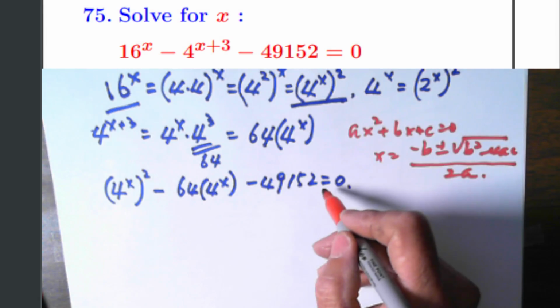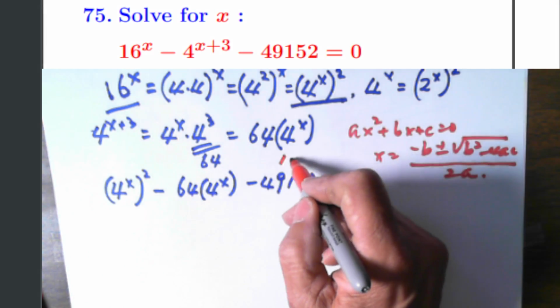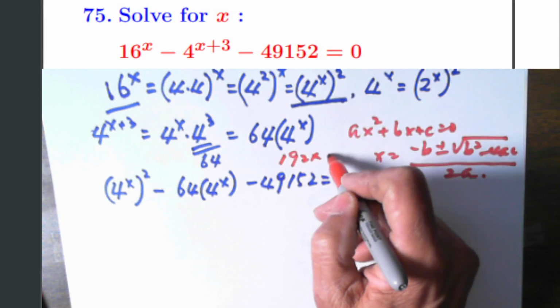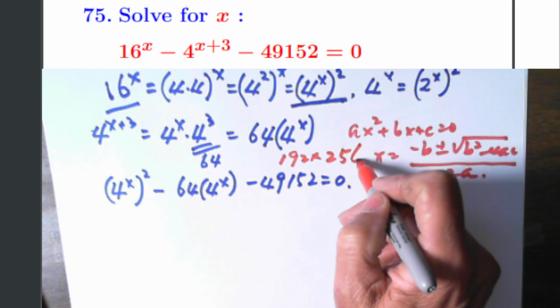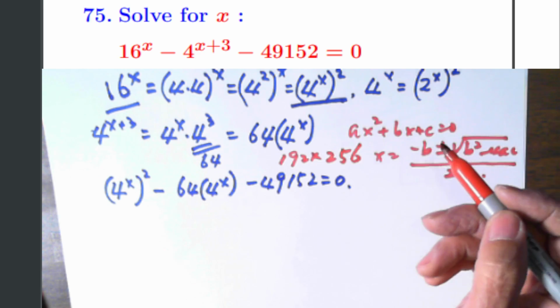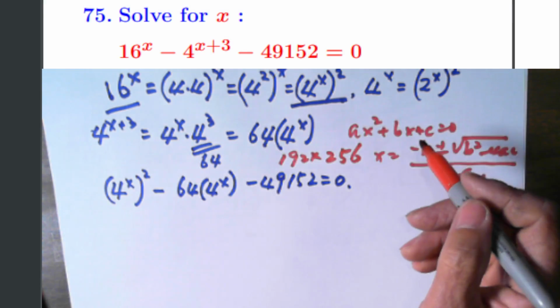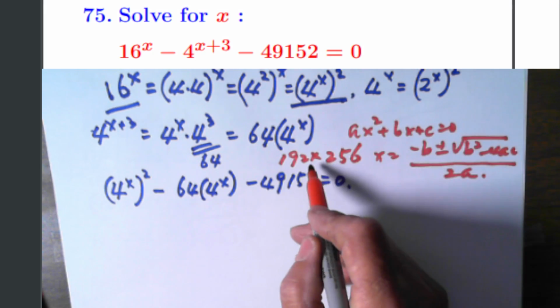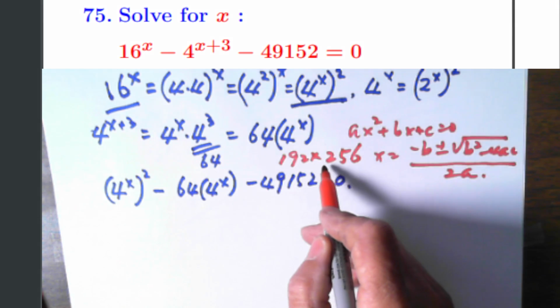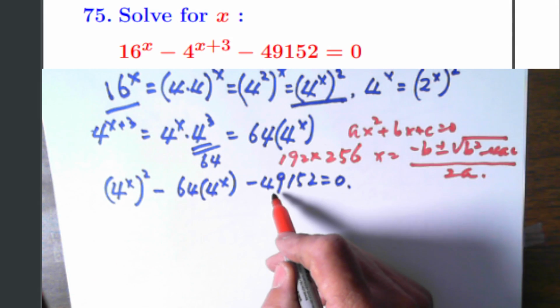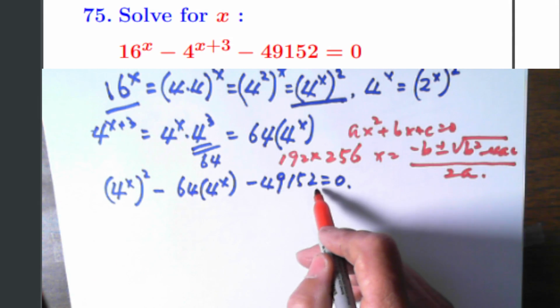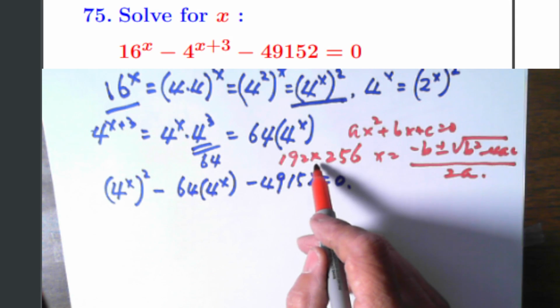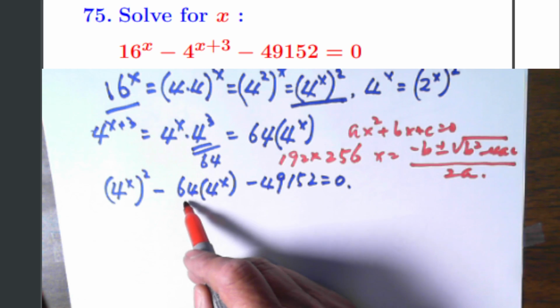So the two values here will be 192 times 256. 192 times 256 will be 49,152, and the difference between the two values will be 64.